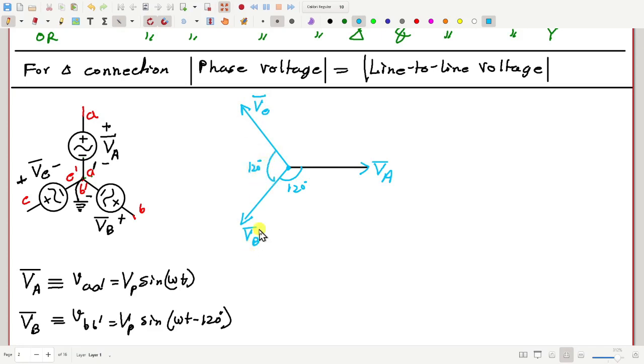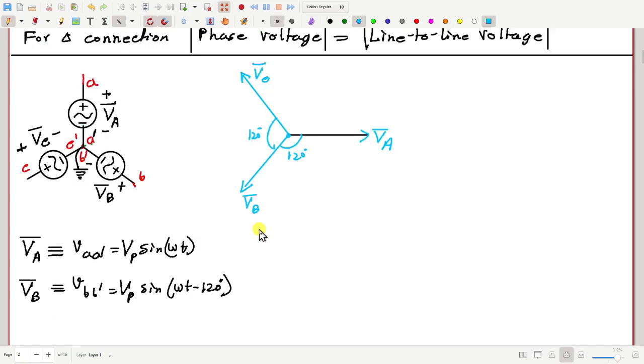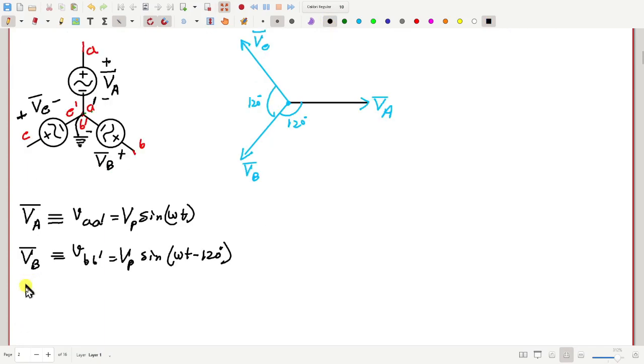Okay, and now suppose the phase voltage, let me not use P here, call it V naught, because I was using P to mean the peak value, but I also have to use the letter P, alphabet P, to mean the phase voltage. So let me change my notation.